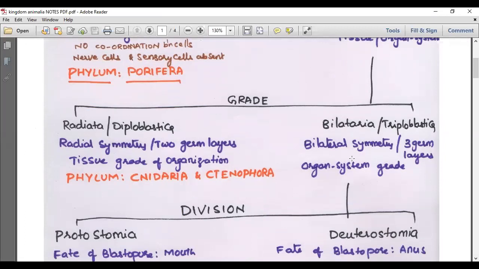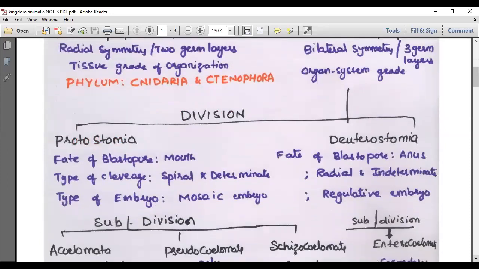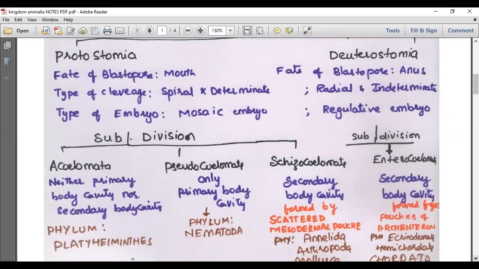The symmetry is bilateral symmetry and the type of organization is organ system grade of organization. Examples are from phylum Platyhelminthes to Chordata. All of this series, phylum Platyhelminthes to Chordata, have three germ layers, the triploblastic condition.